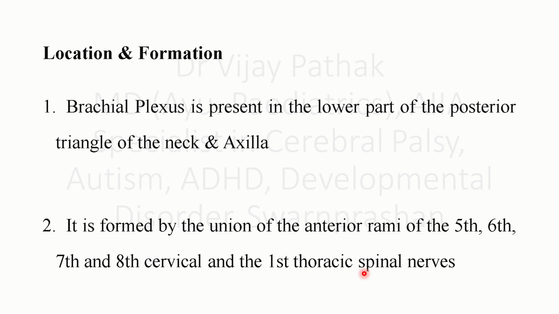Sometimes it is prefixed, in which there is some contribution from C4 and very little contribution from T1. And sometimes it is postfixed, in which there is very small contribution from C5 and more contribution from T2.